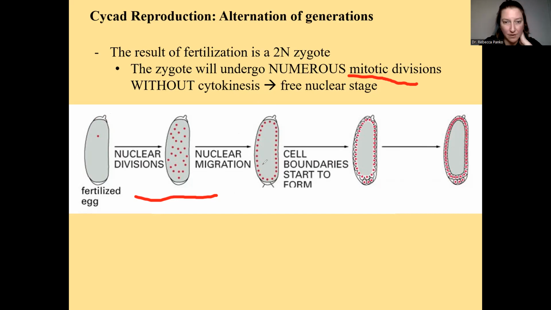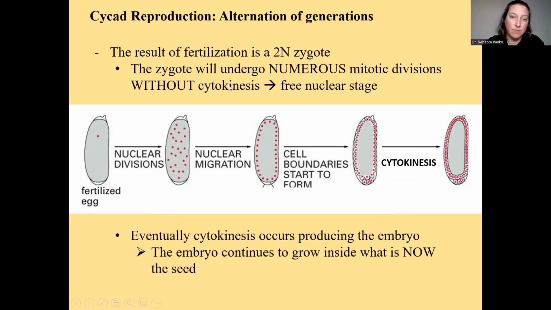Eventually the nuclei kind of get organized, and then finally, as shown here, the cell membranes start to form around all of them. Anyways, just to show you why I say mitosis and cytokinesis instead of just part of the same thing, right? So cytokinesis is happening there at the end.